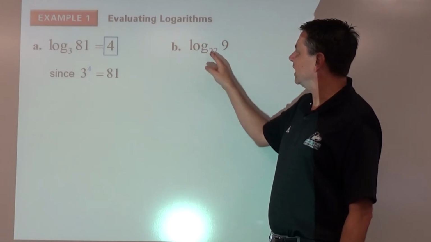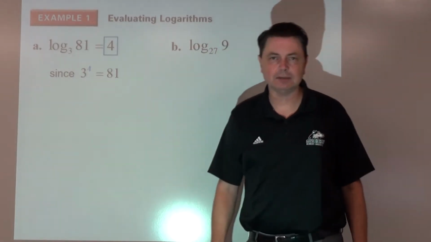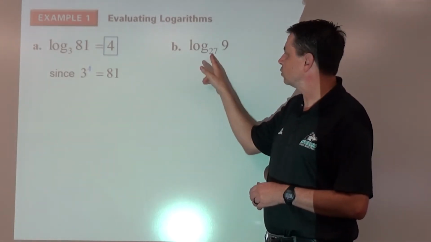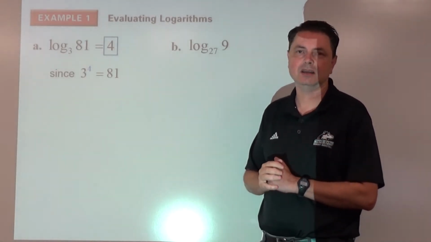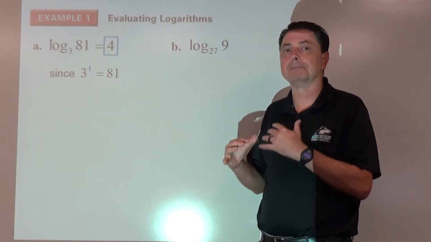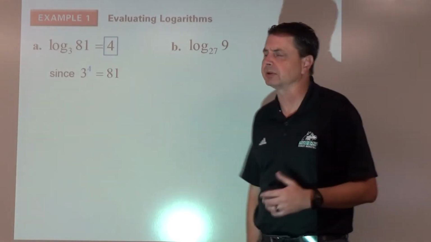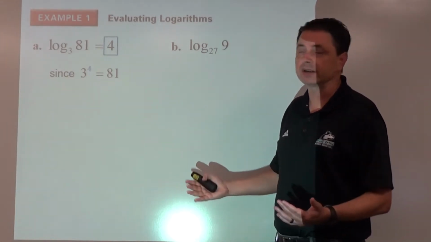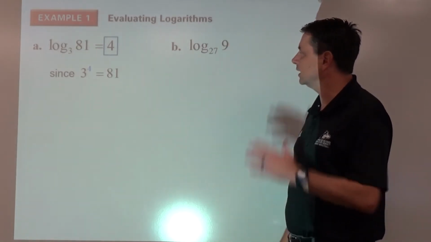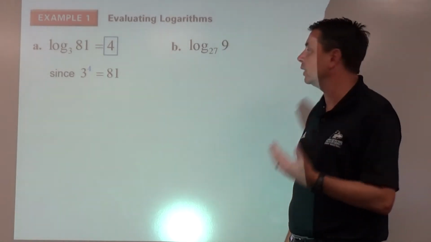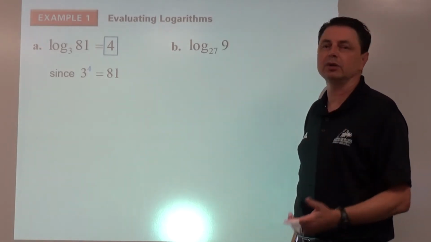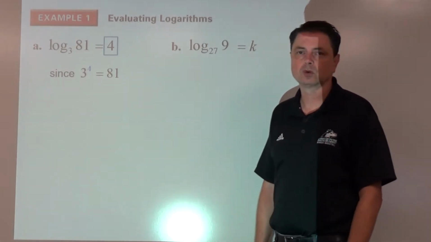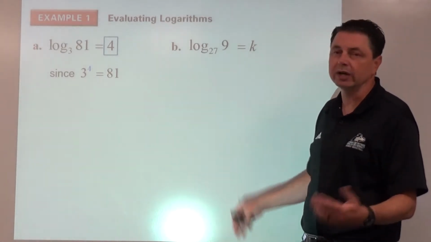Part B, log base 27 of 9. We may not know that one nearly as well if we say 27 to what power is 9. We'll see in a moment how we might reason through that, but probably not right now. If it's one that you don't know and we're expected to do this without a calculator, we're going to say equals and turn it into some equation. So it's equal to any variable that you would like, k or x or capital B, whatever you want.